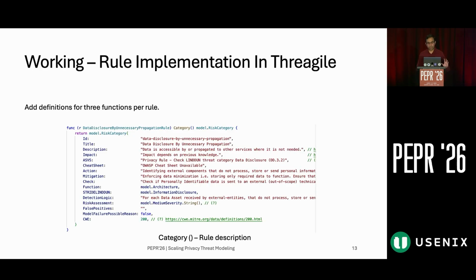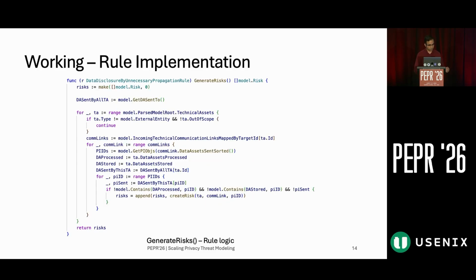In order to add a rule within Threagile, typically you need to add 3 functions. One would be the actual rule description. In this case, what you will need to add is what this rule detects, and then what mitigation steps are possible. The second function you would need to write is the rule logic. Again, I won't go into the details.